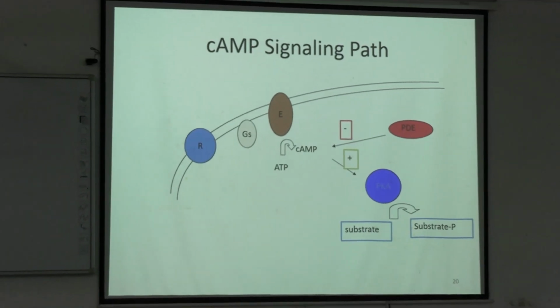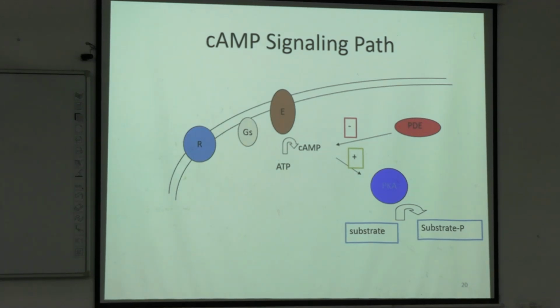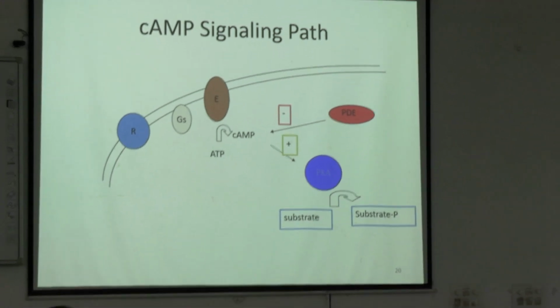PDE, phosphodiesterase. The same enzyme which acts on cyclic AMP is also destined to dephosphorylate the other phosphorylated substances, because it's a balance. Always there is a balance, production and degradation, right? It's a dynamic process.